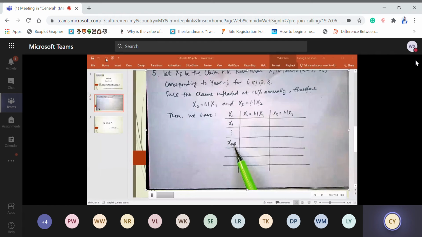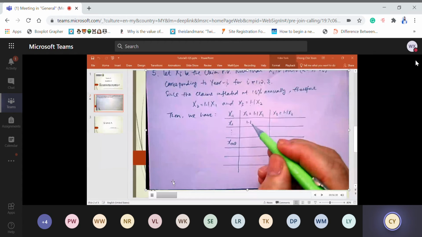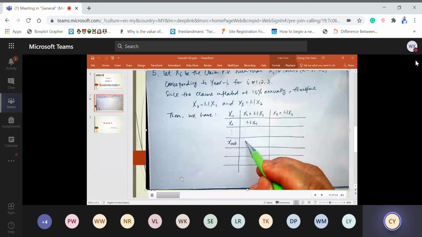In year 1, we are given 100 data points, from X1 to X100. In year 2, X2 equals 1.1 multiplied by this data X1, and for the data X100, similarly we will have 1.1 multiplied by X100.